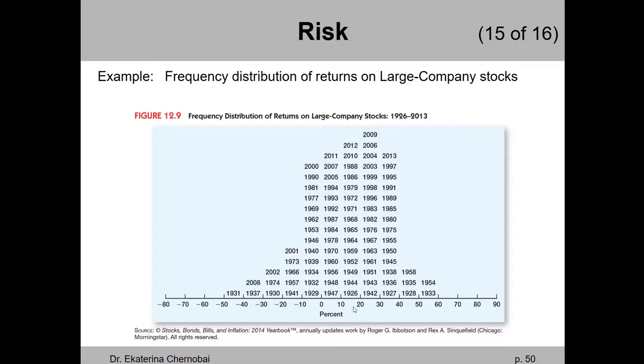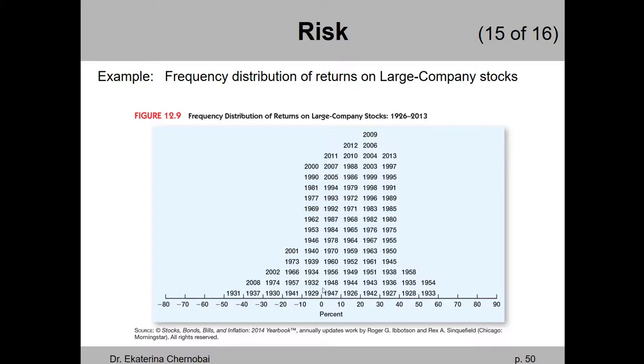Let's say earning a return between 0% and 10% over 1 year. How many times did that occur? What's the frequency of earning that return? Well, it occurred in 1947, in 1948, in 1956, in 1960, and so on. So we can count how many times it occurred, what the frequency was.